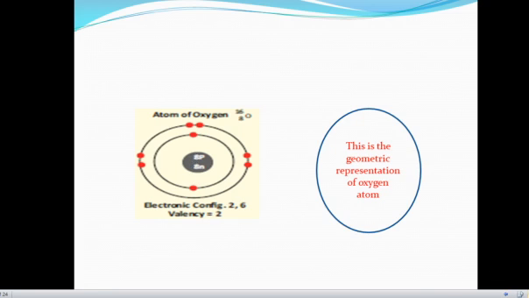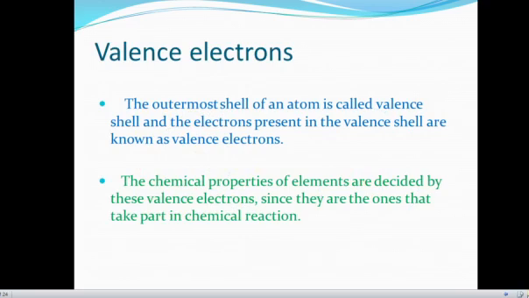Next we are going to discuss valence electrons. What is meant by valence electrons? Already you know, the outermost shell of an atom is called the valence shell, and the electrons present in the valence shell are known as valence electrons.